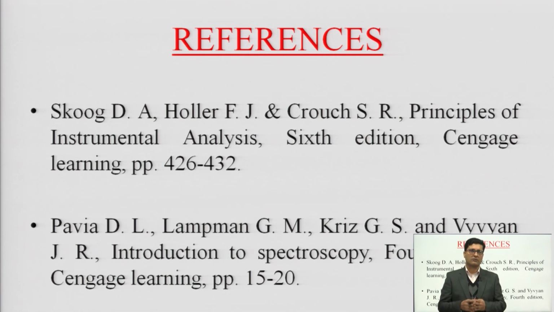To summarize once again, the IR region of light mainly lies between the visible and the microwave region and has less energy content compared to UV or visible light. Whenever IR radiation strikes a sample or molecule, absorption of the IR light takes place if there is a change in the dipole moment.